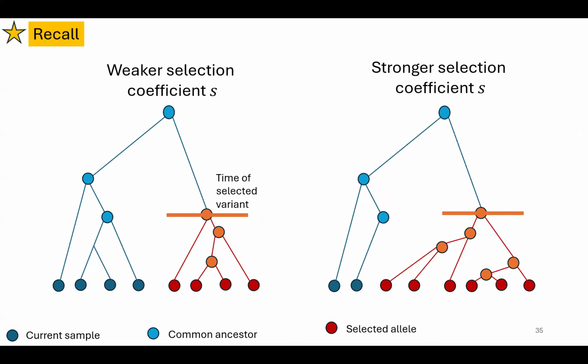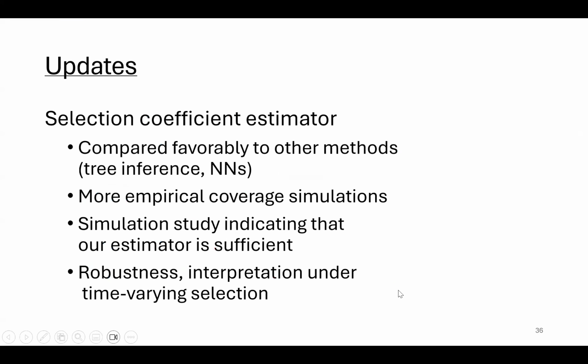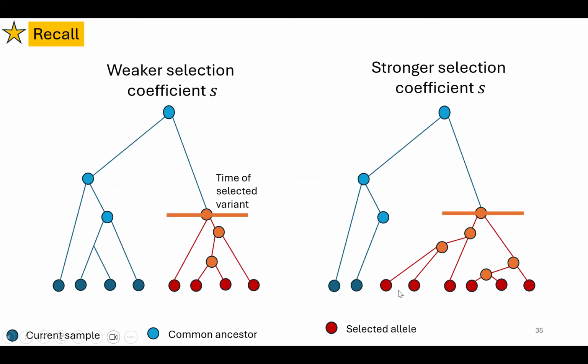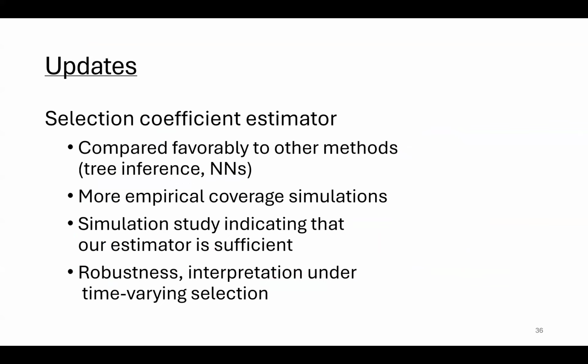On the right, I've increased the selection coefficient. And the effect of this is that maybe in the current day, we have a higher probability of having more samples that have the selected allele, and then their recent common ancestors are more recent. And so we might expect to observe more long detectable IBD segments, and that's the signal that we've been studying.